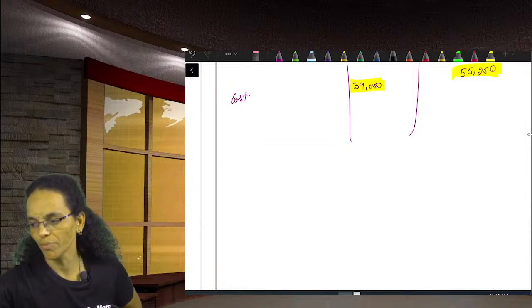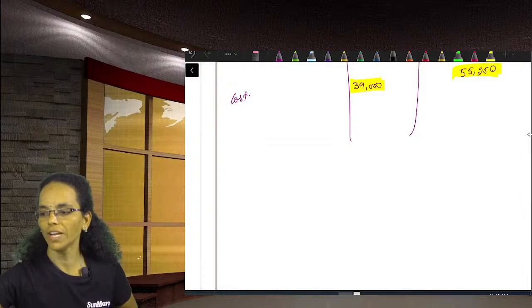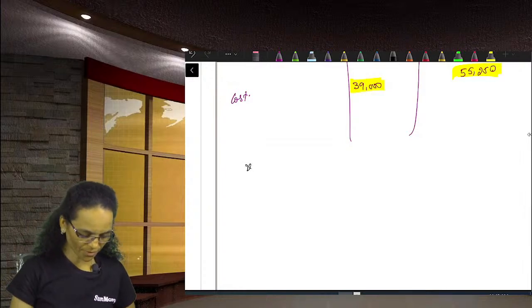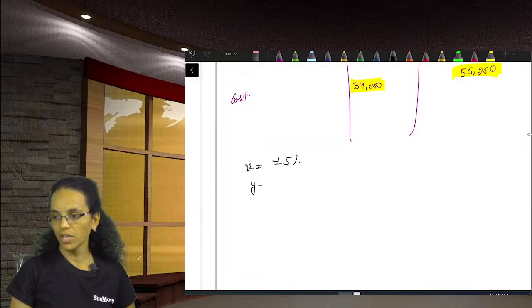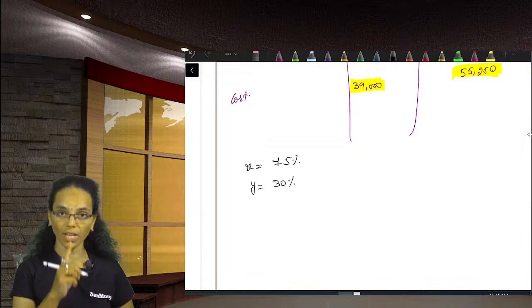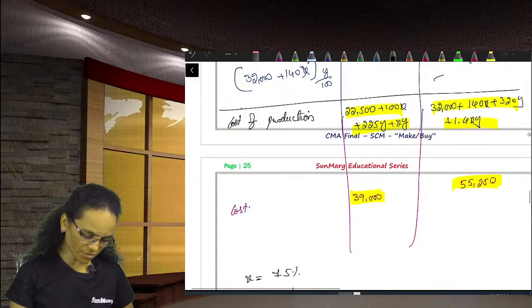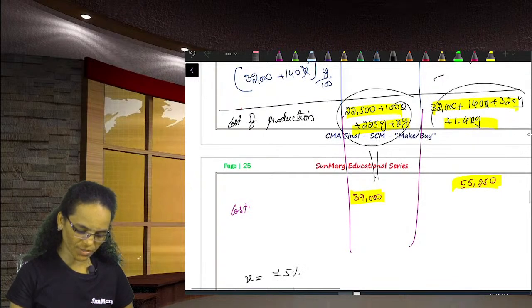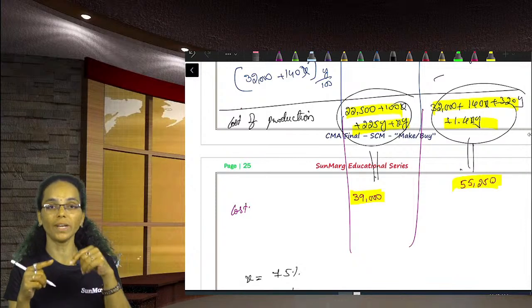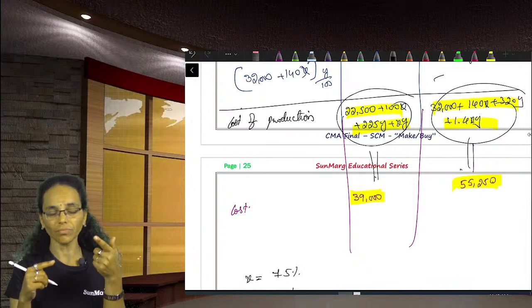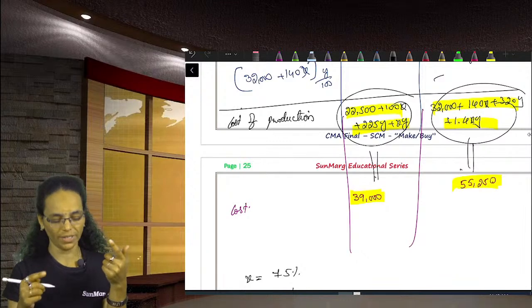You try this one. I'll give you the values x and y directly. We got x value as 75% and y value as 30%. How we need to calculate, I'll give you, not an issue. This one equal to this one, this one equal to this one. You need to solve this by eliminating one unknown element, that is a variable.